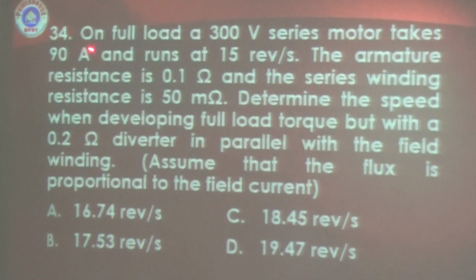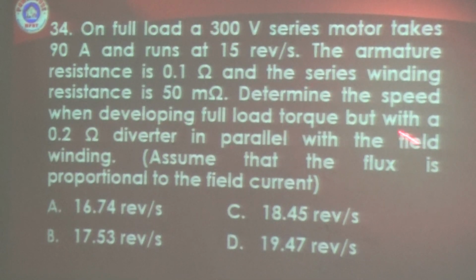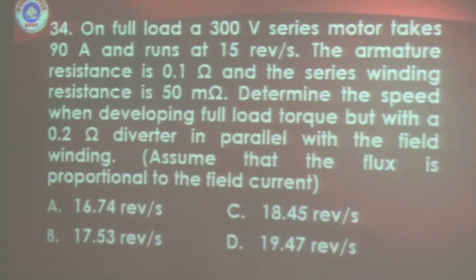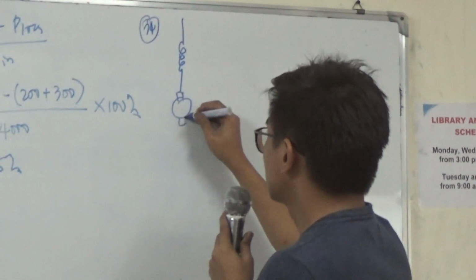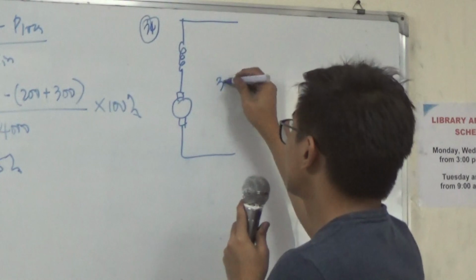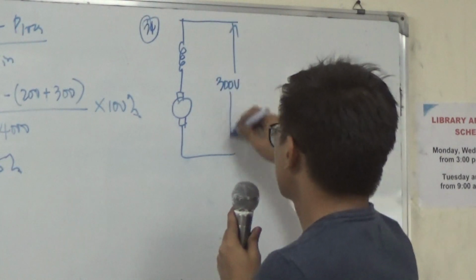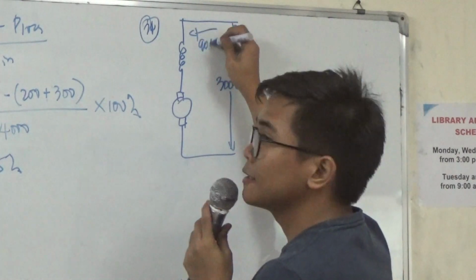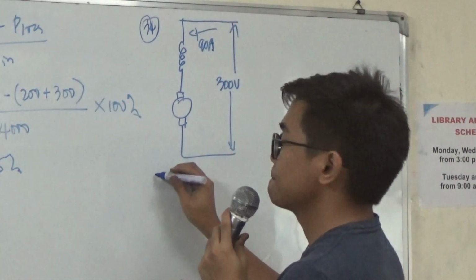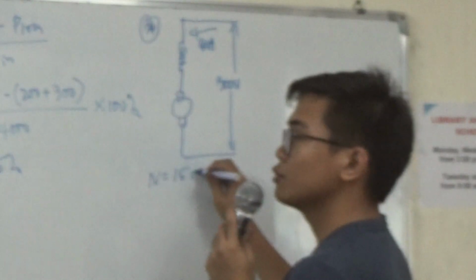So for last, on full load, a 300 volts series motor takes 90 amperes and runs at a speed of 15 revolutions per second.